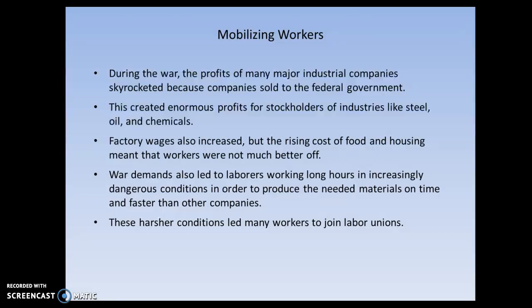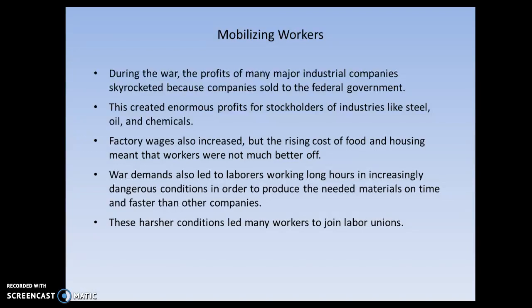So during the war, the profits of major industry companies skyrocketed because the companies were selling these things to the federal government in order to supply for the troops and things that would support the war. It created enormous profits for stockholders of industries like steel, oil, and chemicals.